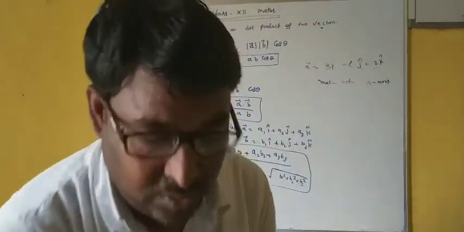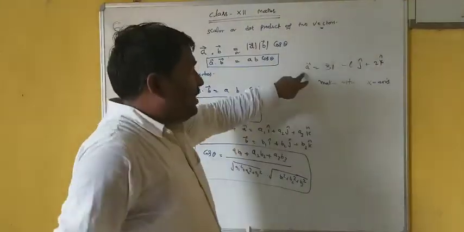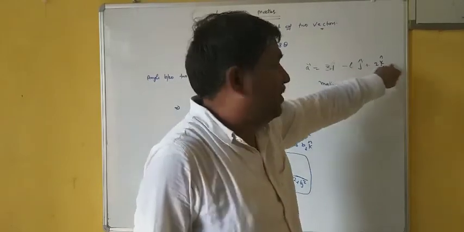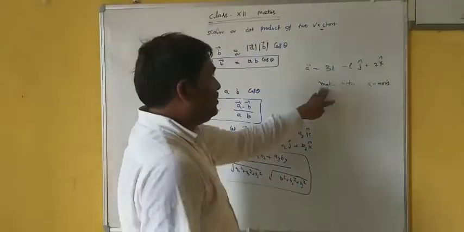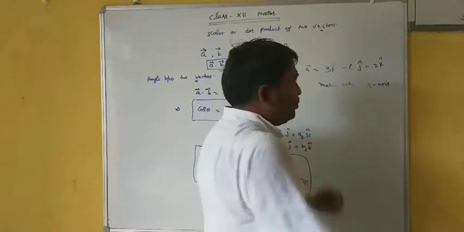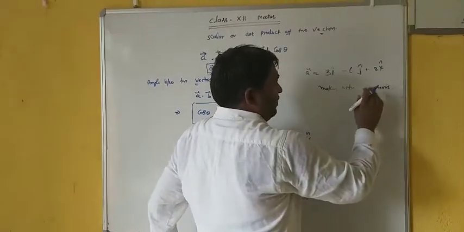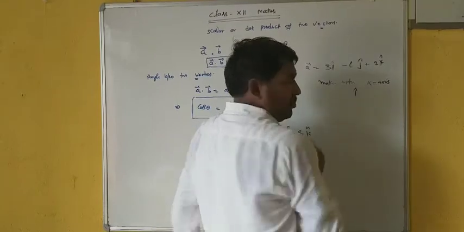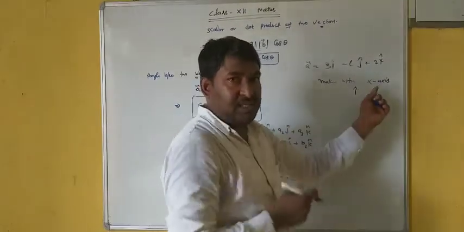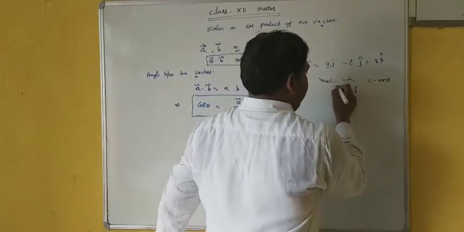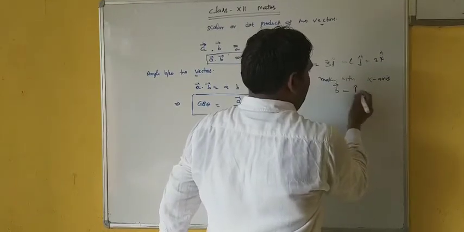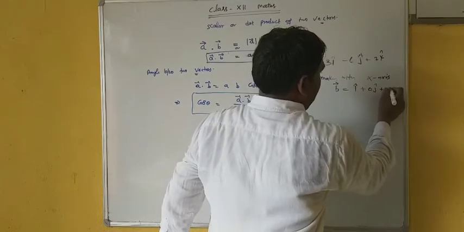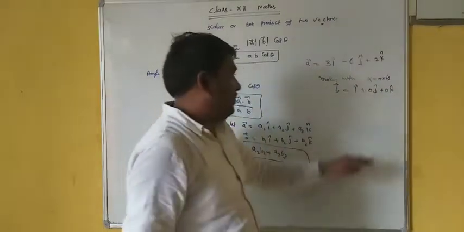See, here the question is to find the angle made by this vector A, which is 3i cap minus 6j cap plus 2k cap, with the x-axis. So what is the vector of the x-axis? That is i cap. Okay, the vector of the x-axis is i cap. So let this vector be i cap plus 0 j cap plus 0 k cap. This is your i vector.